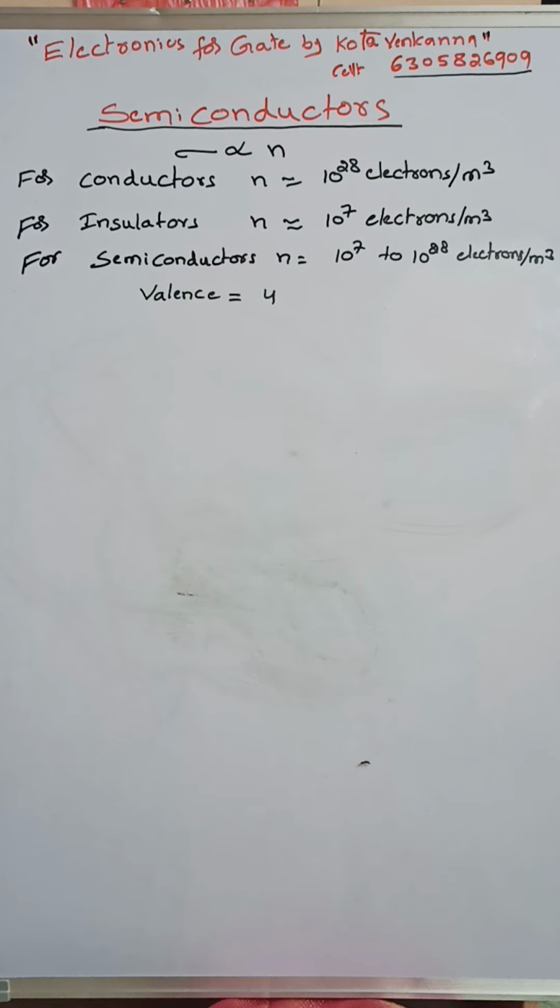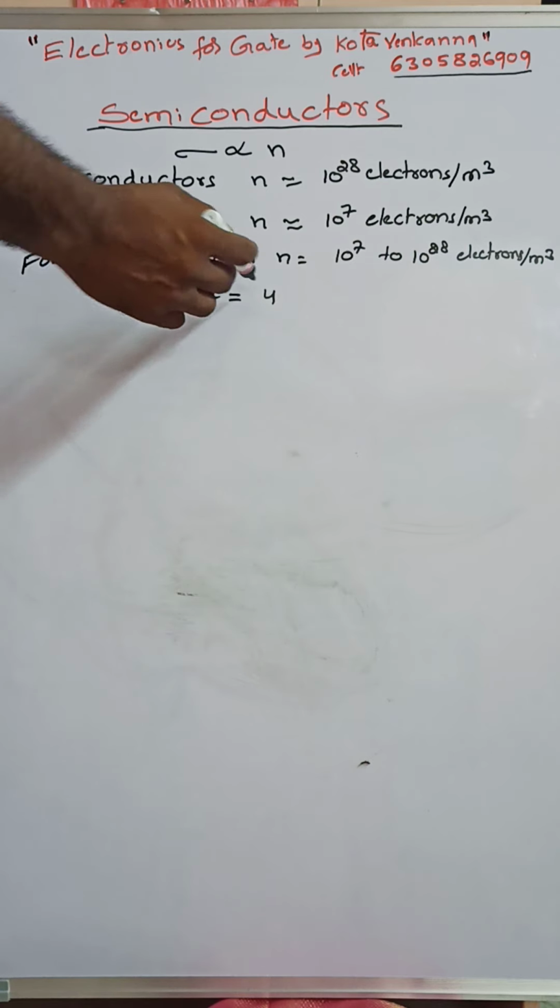Semiconductor materials consist of valence electrons approximately equal to 4, that is half of the maximum. The maximum valence electrons is 8, and half of 8 is 4.